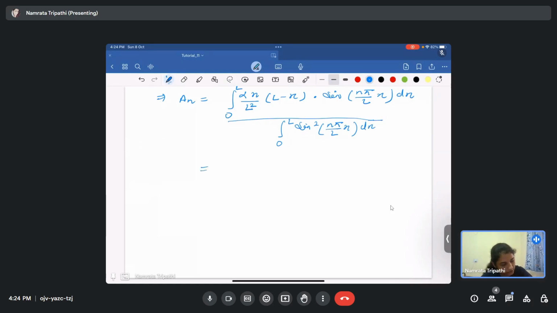The integration of denominator will be L by 2, and for the numerator you will use integration by parts. So this is the first function, this is the second function.